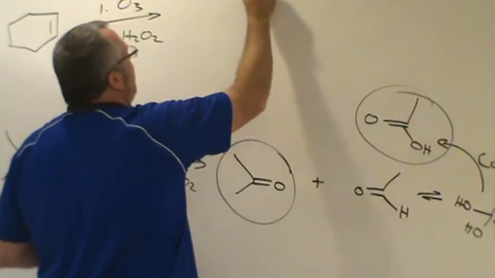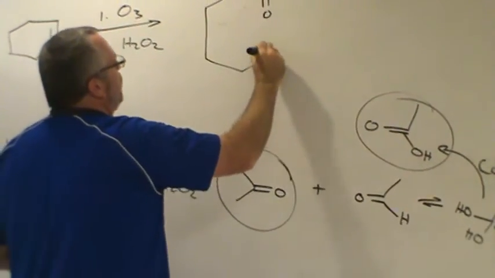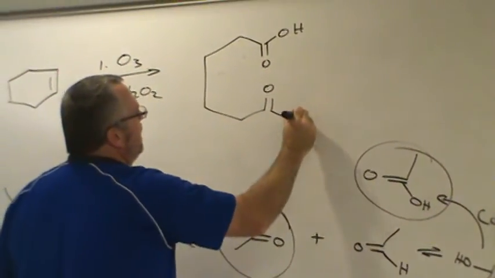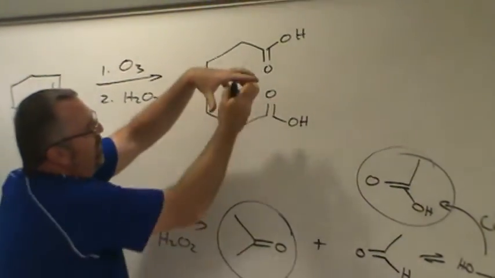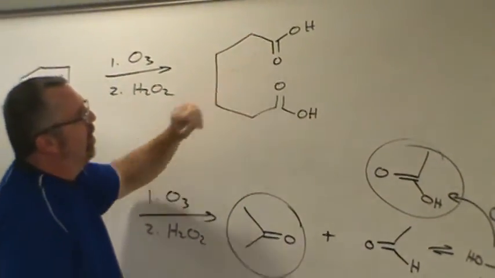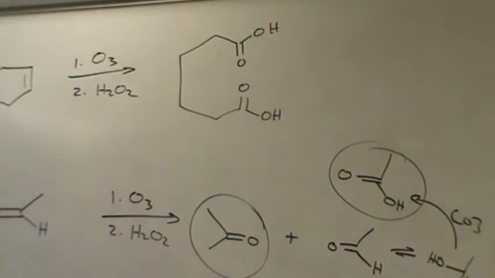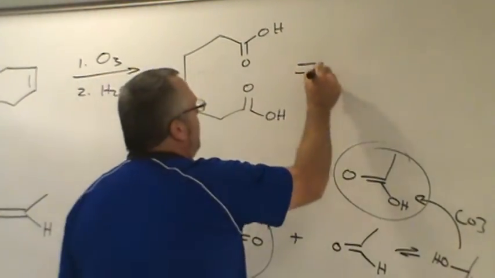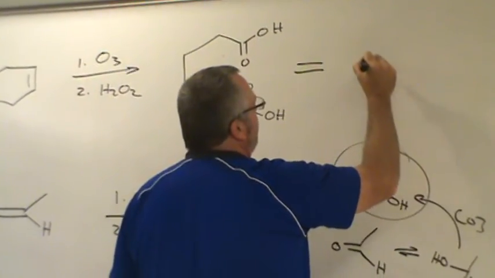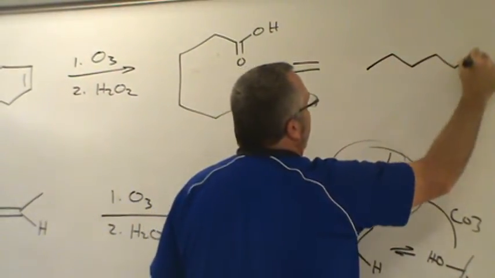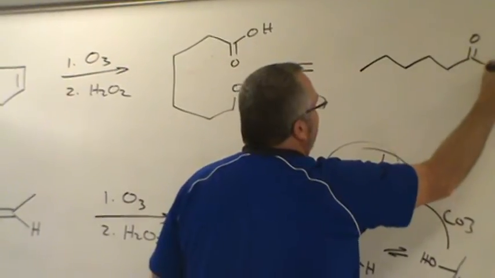So you can show it this way if it helps you to visualize from where it came. Here I've chopped that alkene in half, pulled it apart, inserted my carbon-oxygen double bonds. They over-oxidize to the carboxylic acid. But really the better way to show this is to say it's a 6-carbon system, 1, 2, 3, 4, 5, 6, with carboxylic acids at either end.